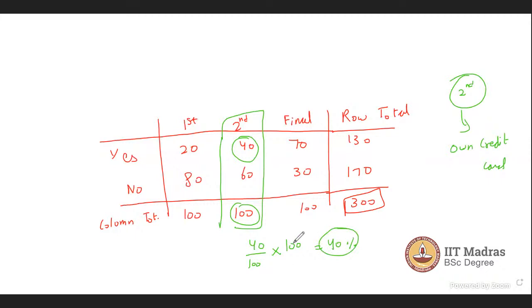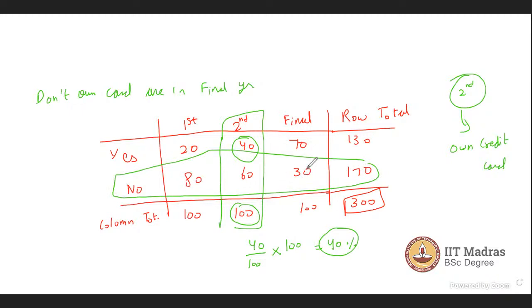Another question you may get is: what percentage of people who don't own a credit card are in the final year? 30 by 170. Because it's given that they don't own a credit card, you first have to look at how many don't own a credit card, and there, in final year, it is this. So 30 by 170 times 100%.